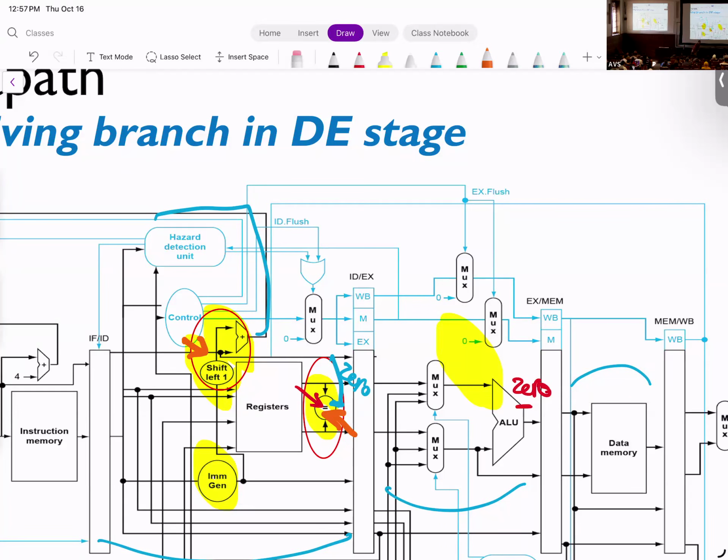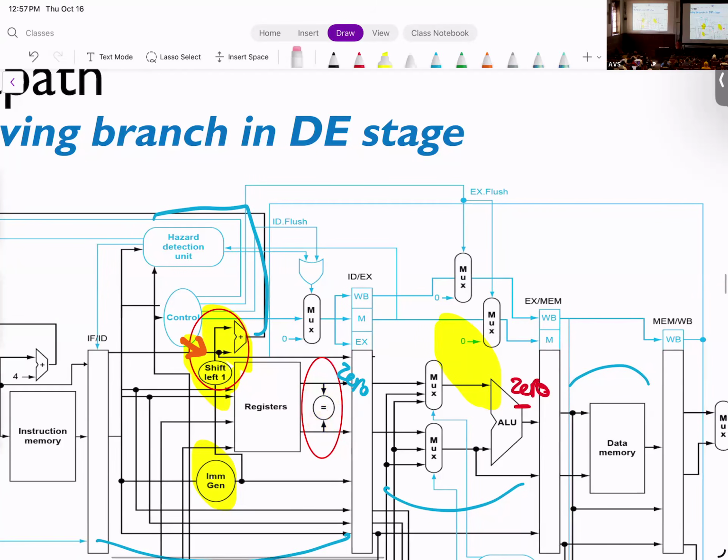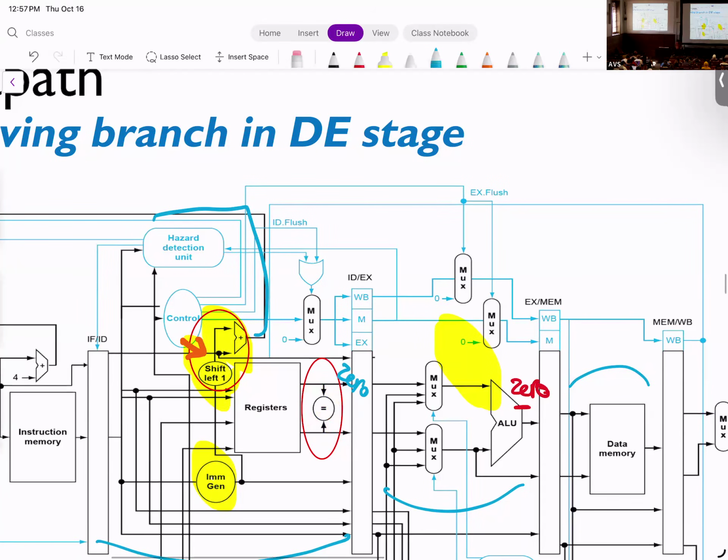So this equal sign is basically an extra ALU you will add to the system, and immediately out of the registers you will know the result, whether it will jump. Yes, so this is a mini ALU that you can assume. And immediately after that, you will know the flag, whatever flag it is. For this case it's just branch equal, but if you want to add support for other types of branches, you can add support there as well. Yeah.